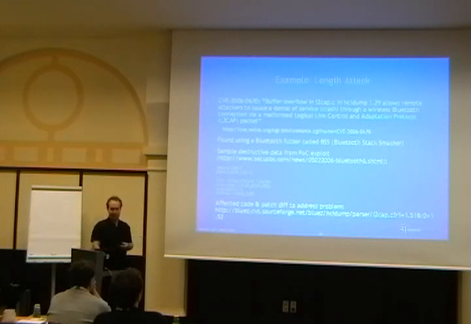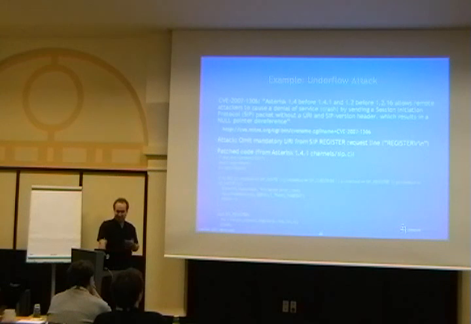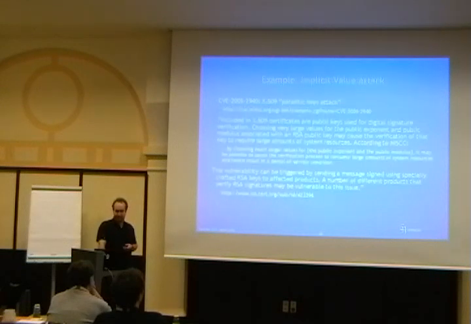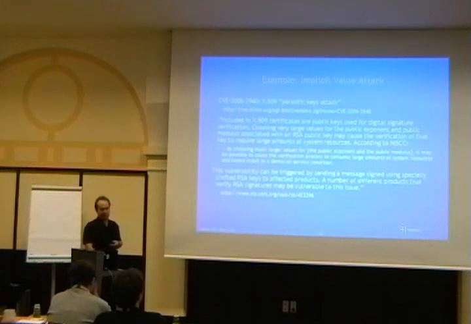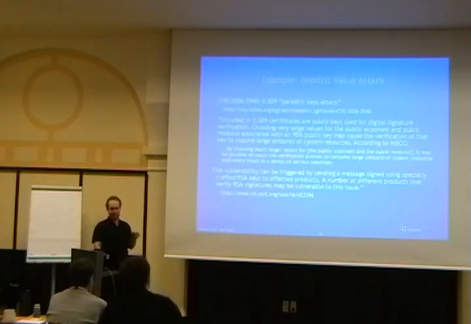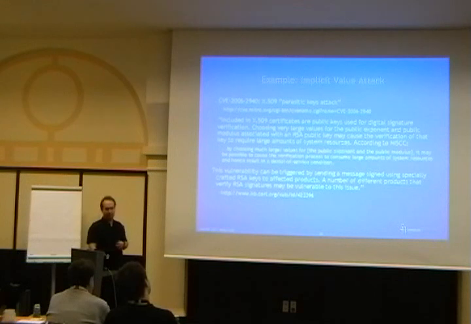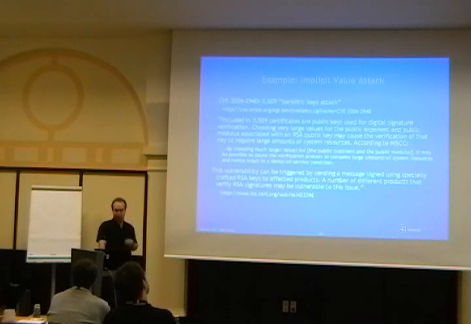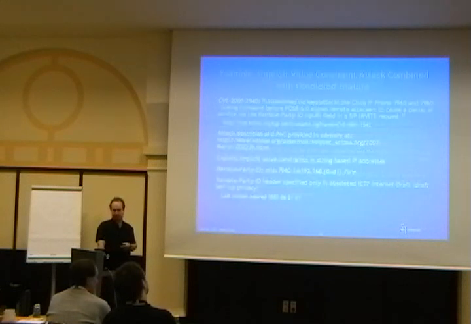I have an example of a length attack against a particular Bluetooth implementation. I was hoping that maybe Marcel could talk about this at some point. Underflow attack: one example from a zip implementation and a naive way to protect against this attack. Implicit value from X509: this is the famous parasitic keys attack, where simply choosing particular values for the public exponent and public modulus of public keys caused degradation of service in many implementations.